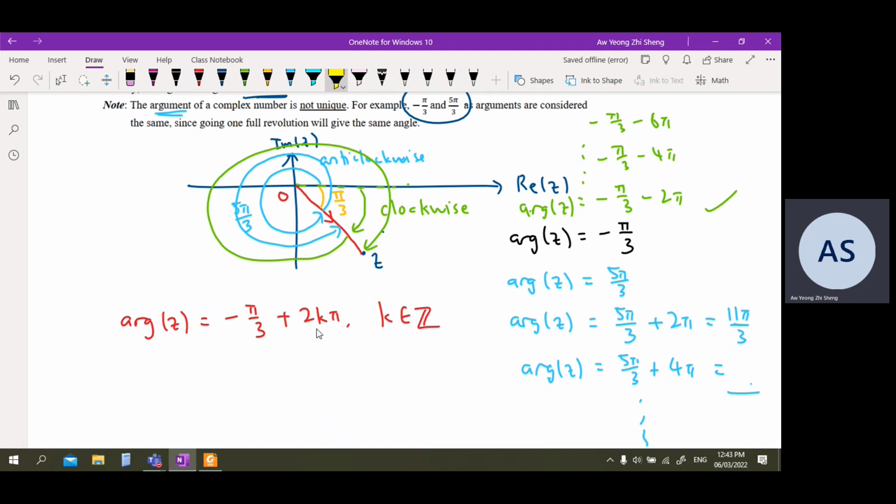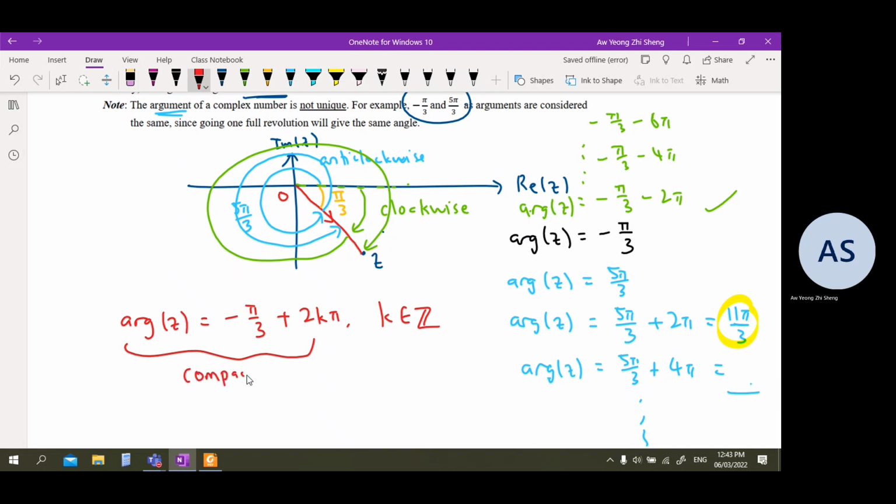When k takes 1, you will get 5 pi over 3. When k takes 2, you will get 11 pi over 3, and so on. So this will be a compact way to write out all possible answers.